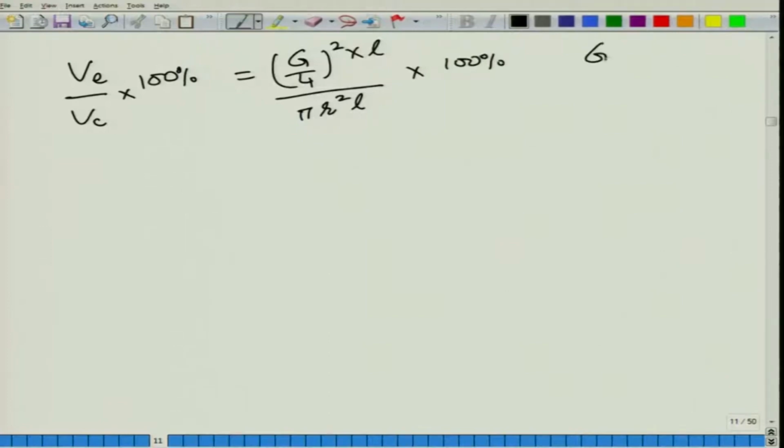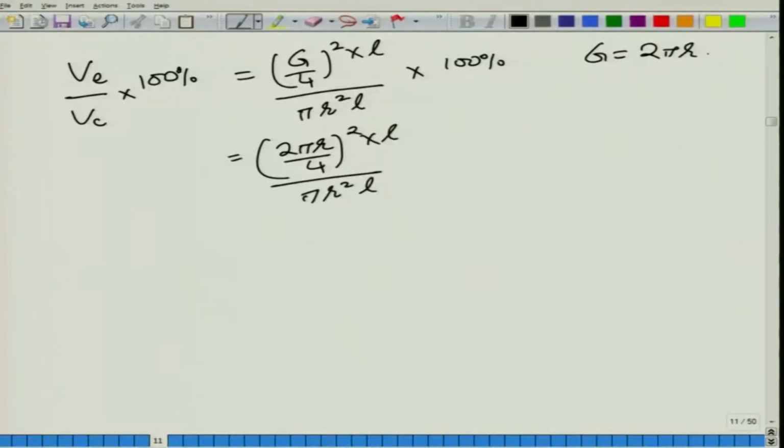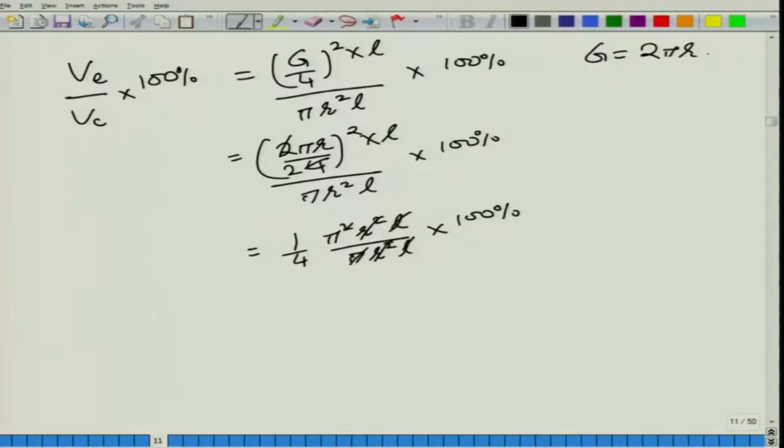Now, G is given by 2πr. So, here we have (2πr/4)² into L by πr²L into 100%. Taking it out, we have 1/4 π²r²L divided by πr²L into 100%. r² and r² get cancelled, π and π get cancelled, L and L get cancelled.